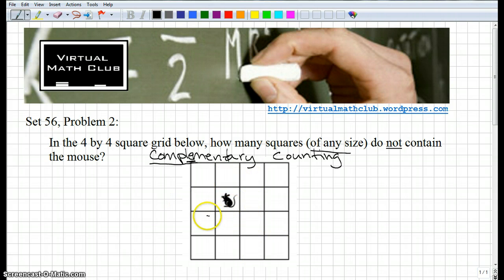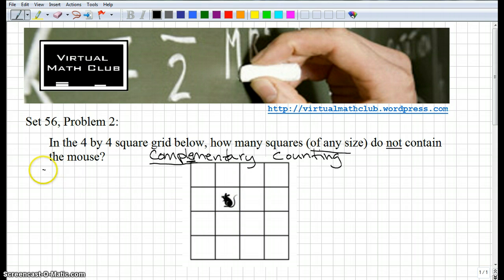So I'm going to count the number of squares that do contain the mouse, and then subtract it from the total number of squares, and then I can figure out how many do not contain the mouse, because there's only two options. A square can contain the mouse, or it doesn't contain the mouse. There's nothing in between. So those two options complete the whole.